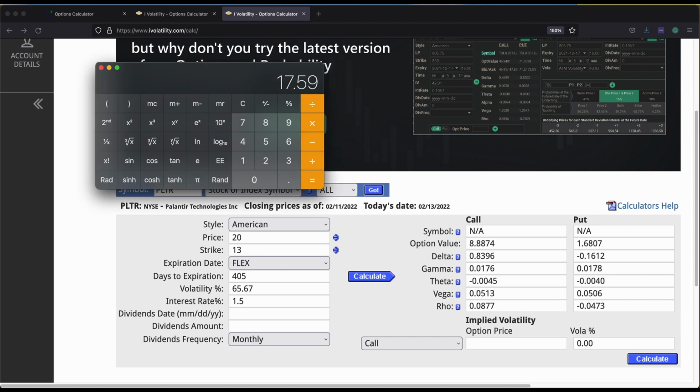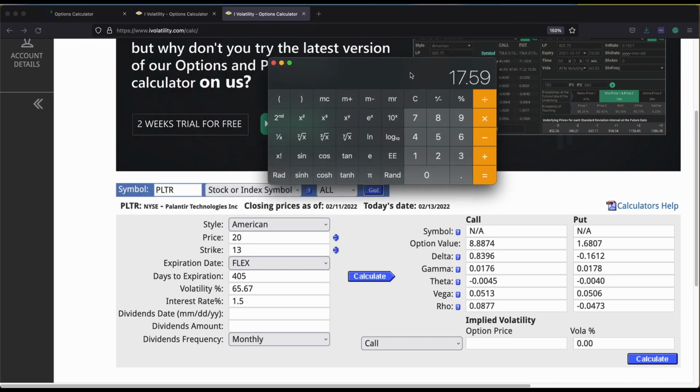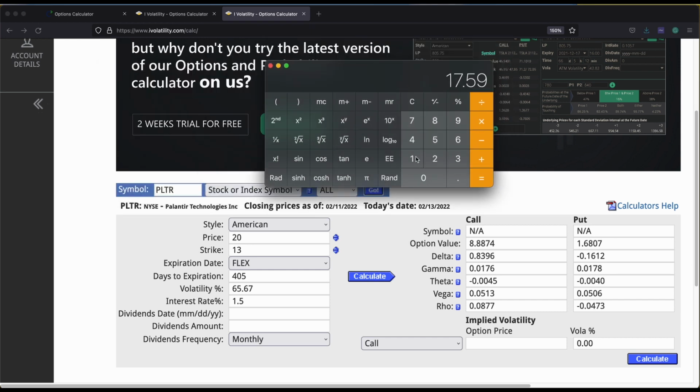So what has happened? Your stock price has changed from 13.13 to 20. Let me just give you a very brief idea. 20 divided by 13.13, so the stock price has actually increased by 52%.